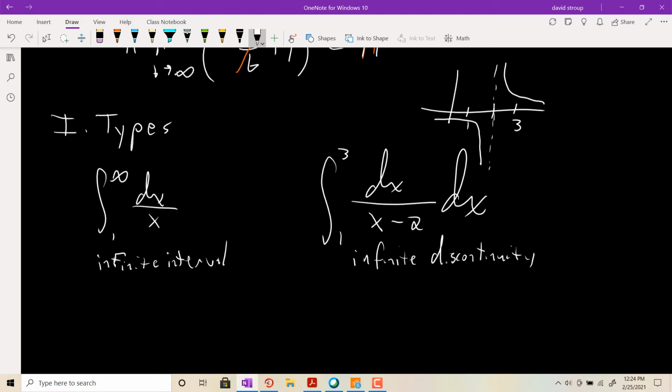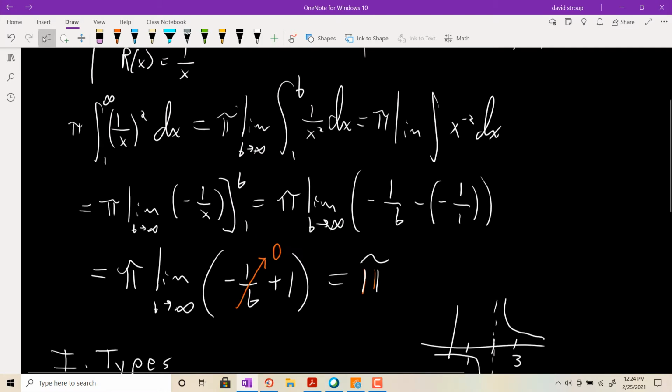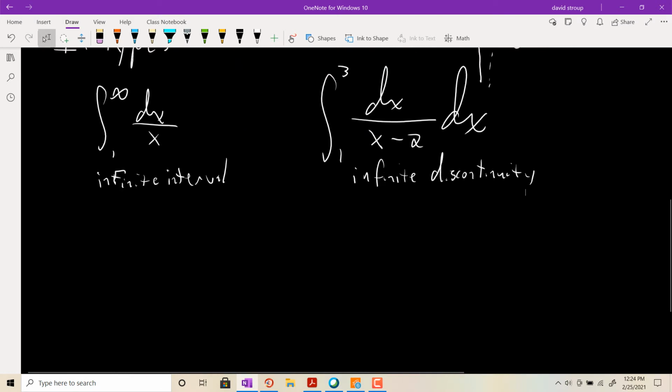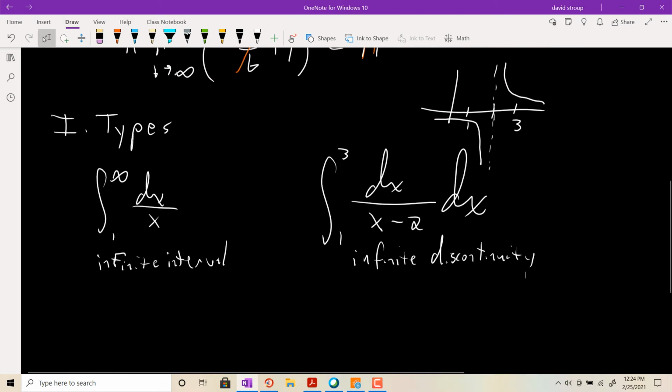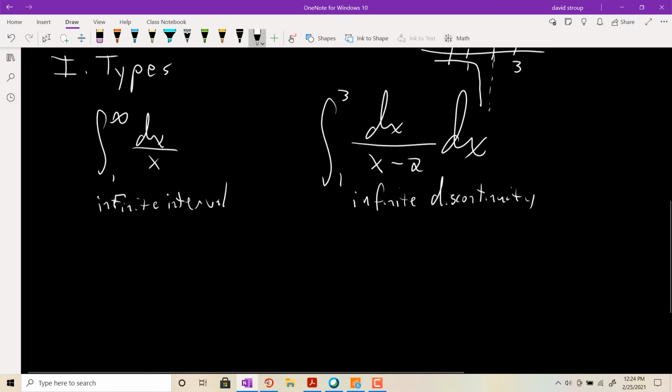And the way you handle these things is with limits. Okay, so what you do is drop the bound that's giving you trouble, or in the infinite discontinuity case, we would cut it in half and then drop the issue. I'll go through the techniques as we go through the example problems.